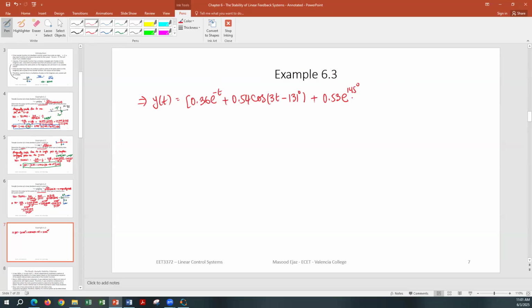Remember we discussed Euler's identity: e to the power jx is cosine x plus j sine x, and e to the power negative jx is cosine x minus j sine x.